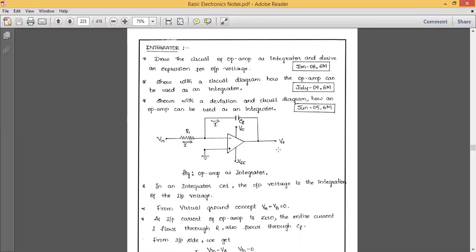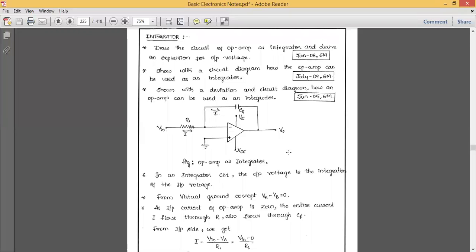It can be a sine wave or a square wave based on the input applied, and that output voltage is the integrated version of the input voltage. So basically, the integrator circuit produces the integrated version of the input voltage.